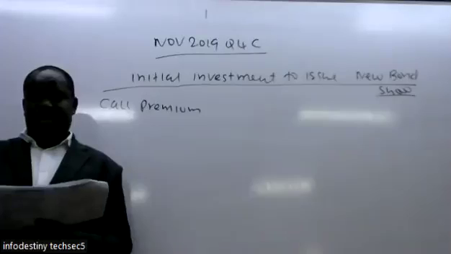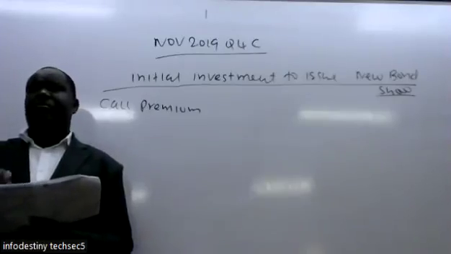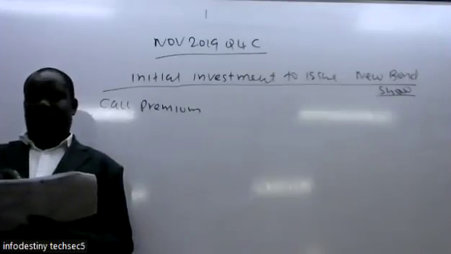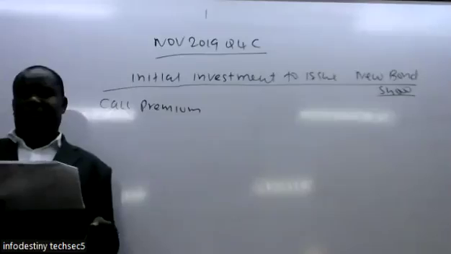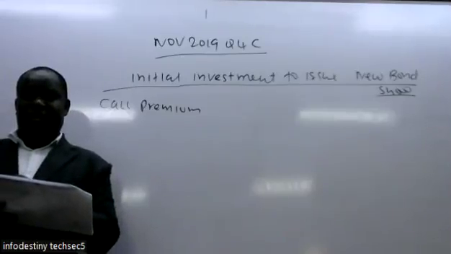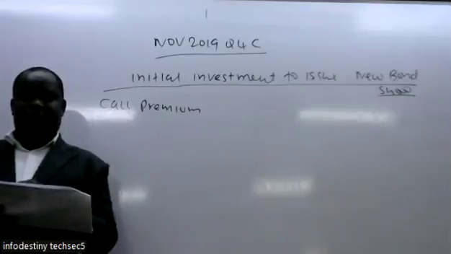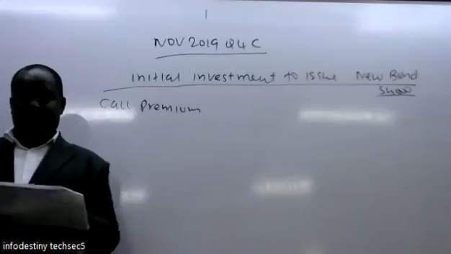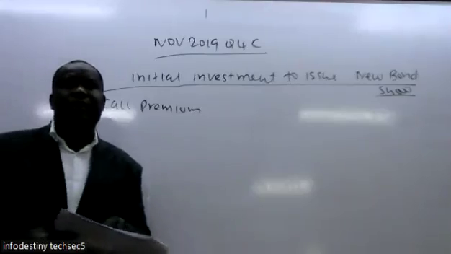So it will be 10% of the par value of the old bond. In the first paragraph, they stated that a motor vehicle assembly company issued a 10-year, 16%, shillings 100 million par value bond five years ago. So it will be 10% of that par value of the old bond.